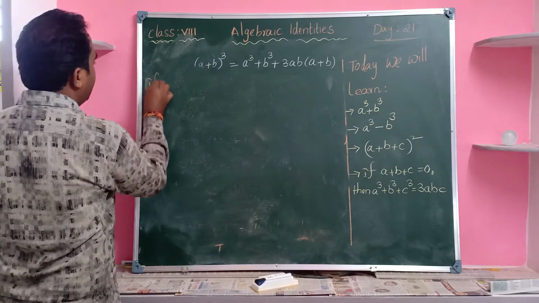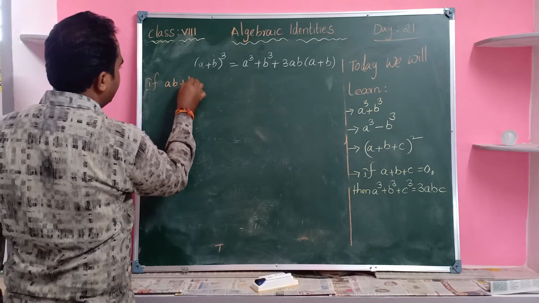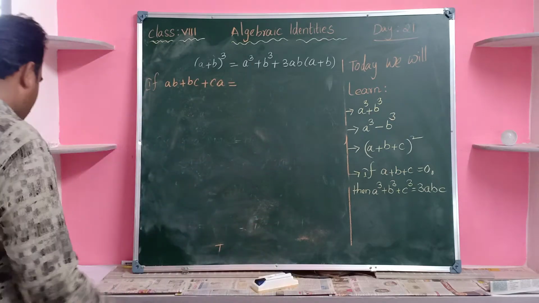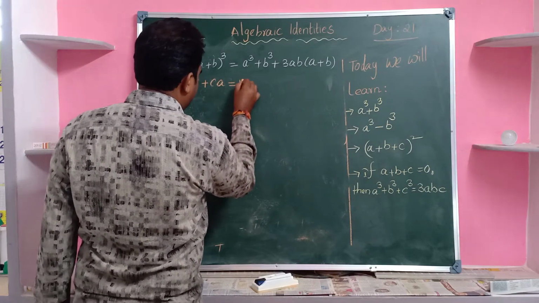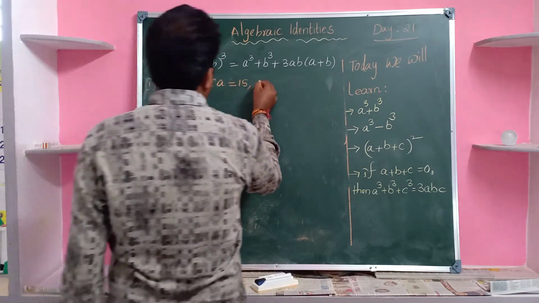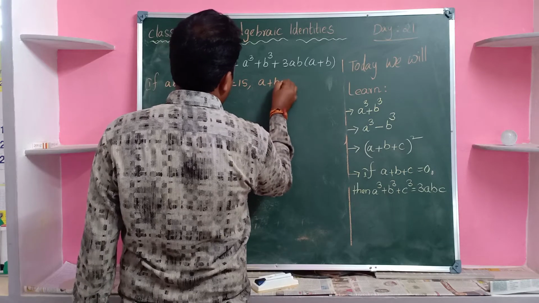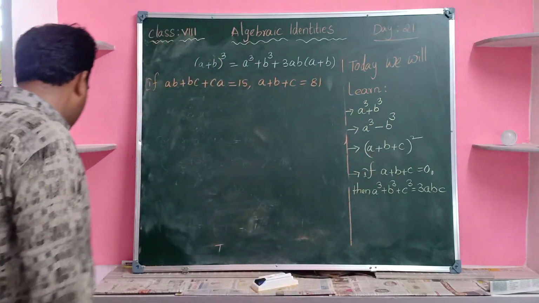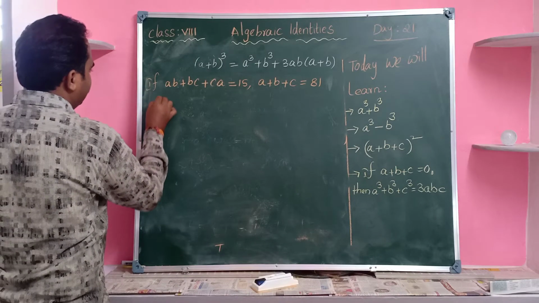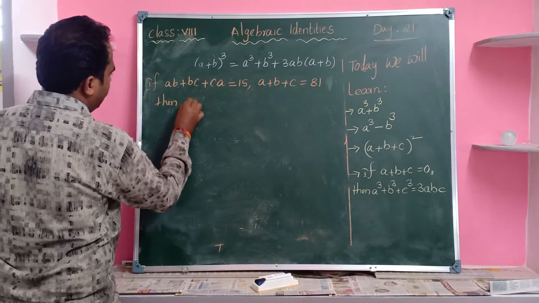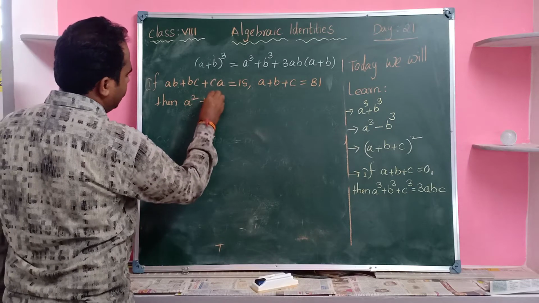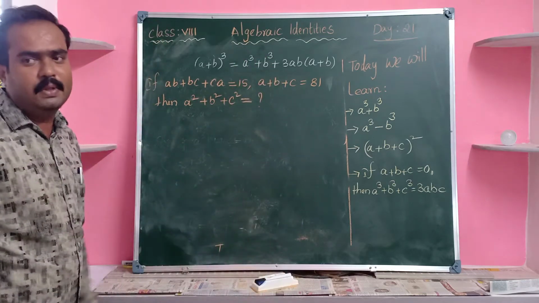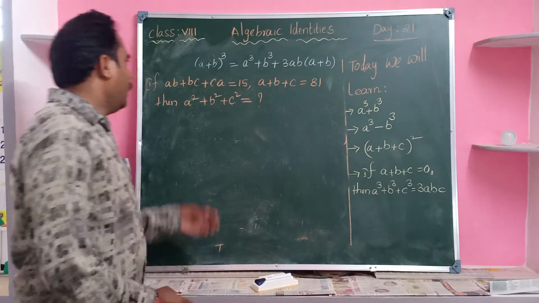If ab plus bc plus ca is equal to 15 and a plus b plus c is equal to 9, then find a square plus b square plus c square. What is the value of this one?